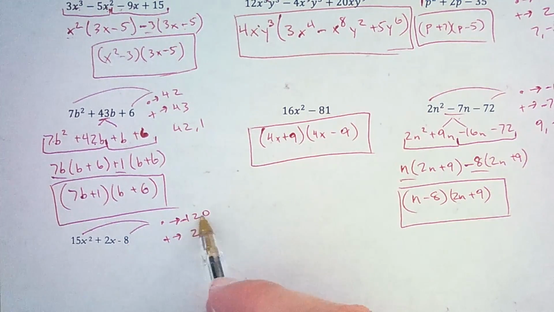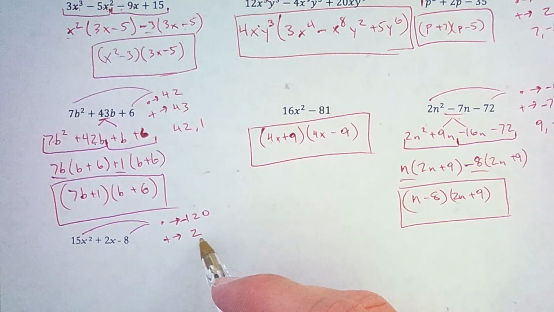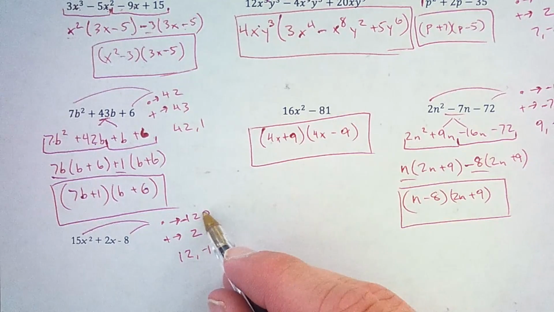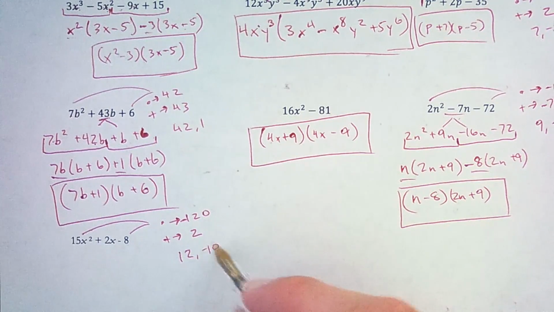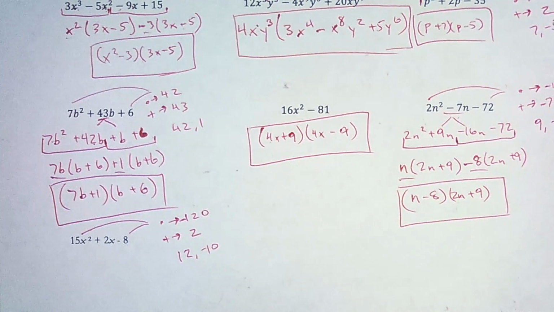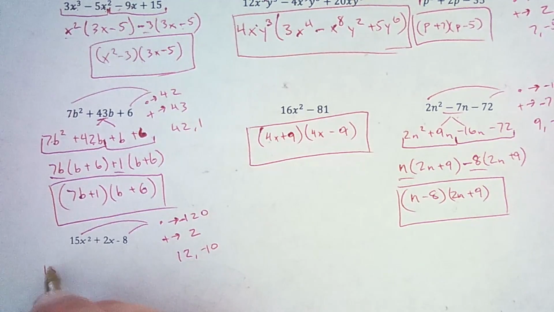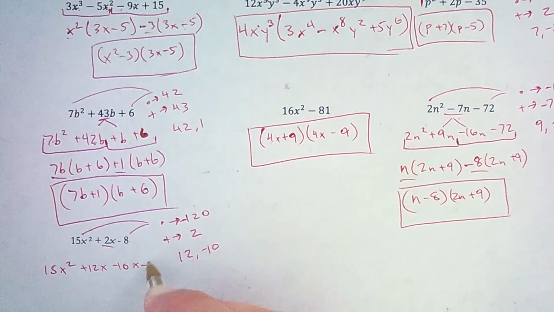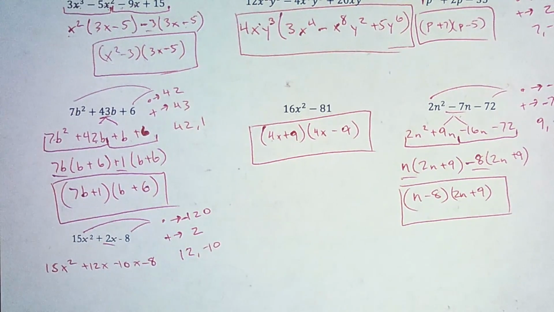So we're really going to multiply to negative 120 and add up to 2. And I think we can do that with a 12 and a negative 10. 12 times negative 10 is negative 120. 12 plus negative 10 is 2. So we have 15x squared, and then the 2x becomes 12x minus 10x minus 8.